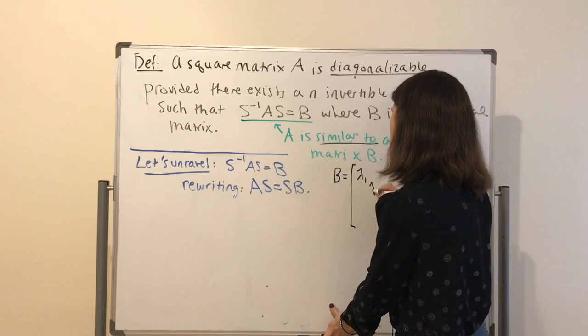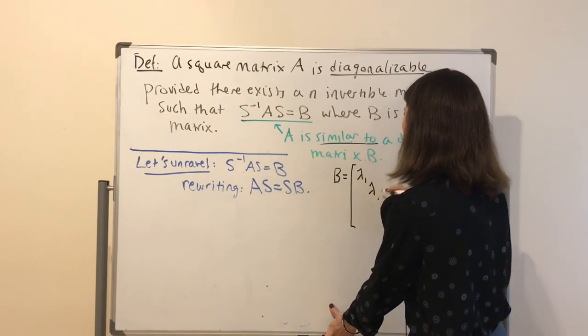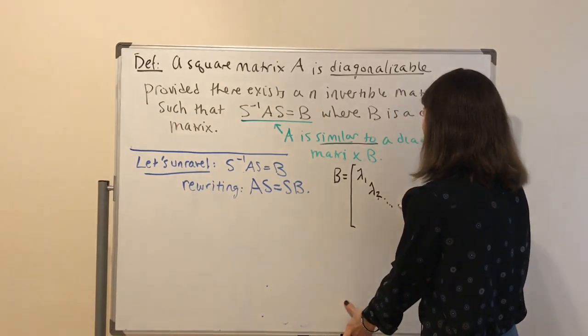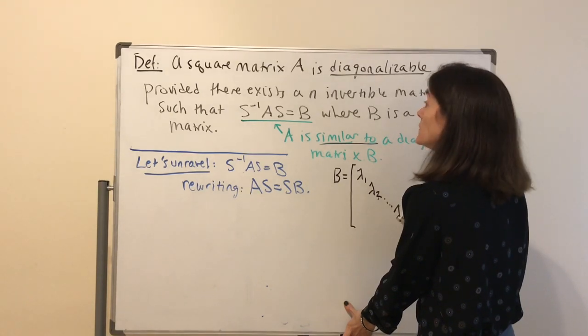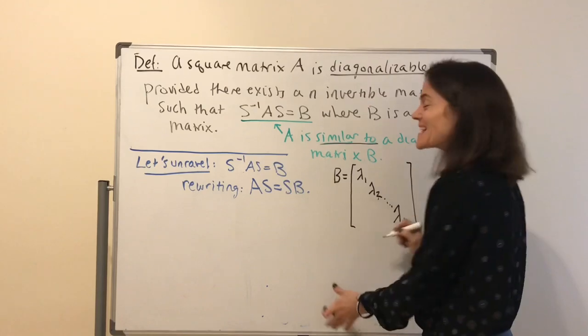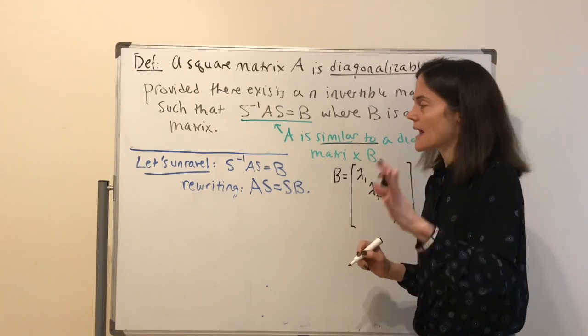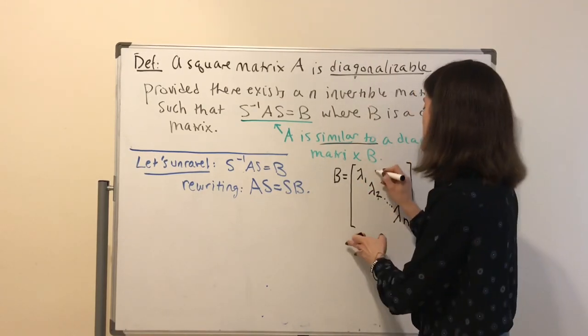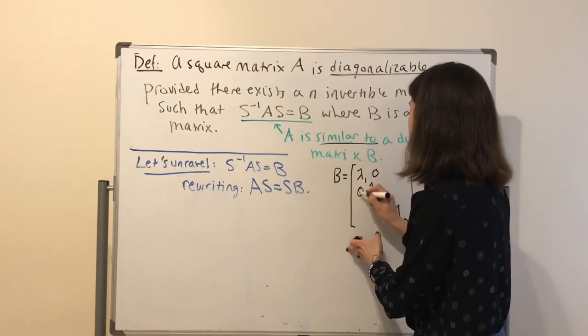Lambda 1, lambda 2, down to lambda n. Let's say that's n by n. I didn't say that anywhere, but it's square. They're going to be n by n. Everything is going to be n by n in the picture.